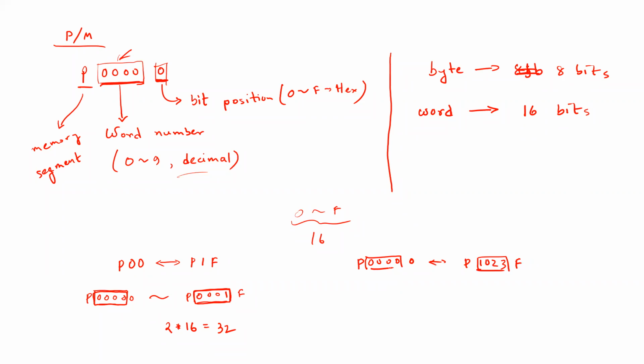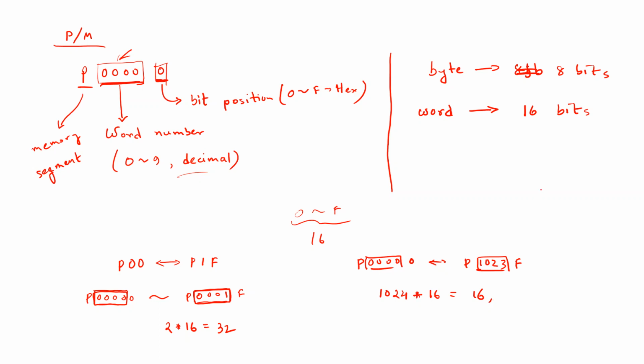So from 0 to 1023 there are total 1024 different words. Each word contains 16 bit. So 1024 multiplied by 16, which would be 16,000 something. So that amount of bits are available in between these memory locations.